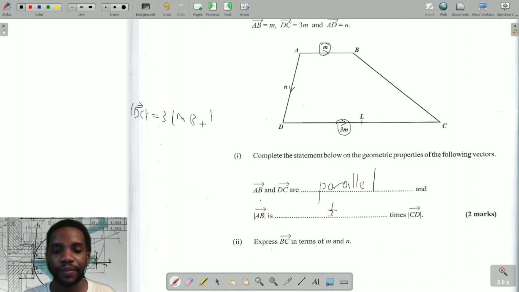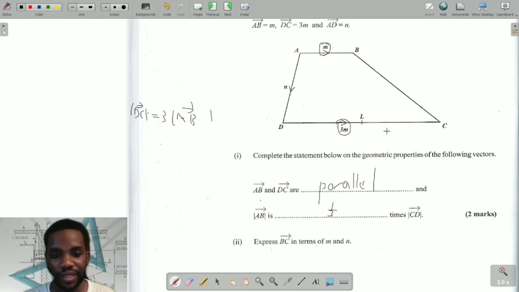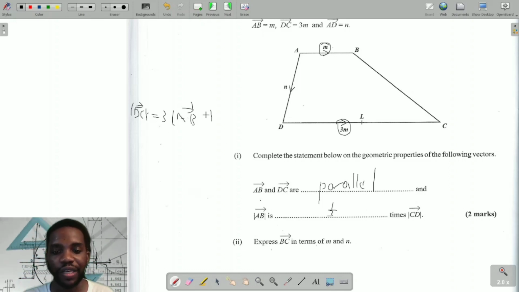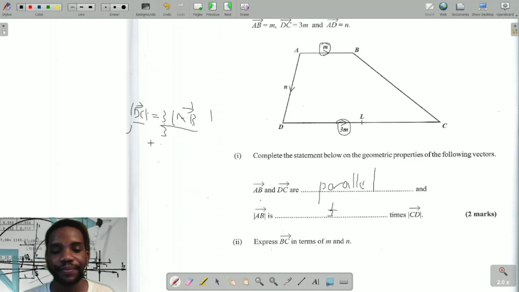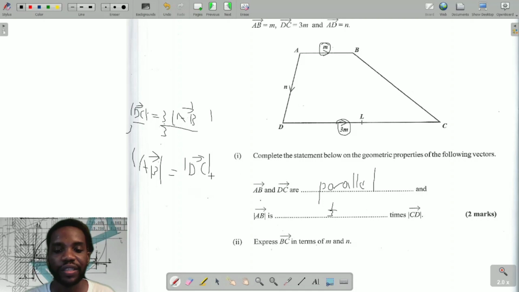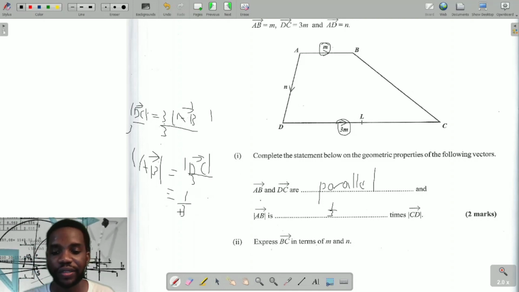In other words, the length of vector AB, if you multiply it by 3, you get the length of vector DC. So when I say the modulus of AB is dash times CD, since you have the 3 over here, we would have divided both sides by 3. So the modulus of AB is the same thing as saying the modulus of DC over 3. And we know that whenever we divide by 3 is the same thing as saying 1/3. So that's why we have 1/3 there.